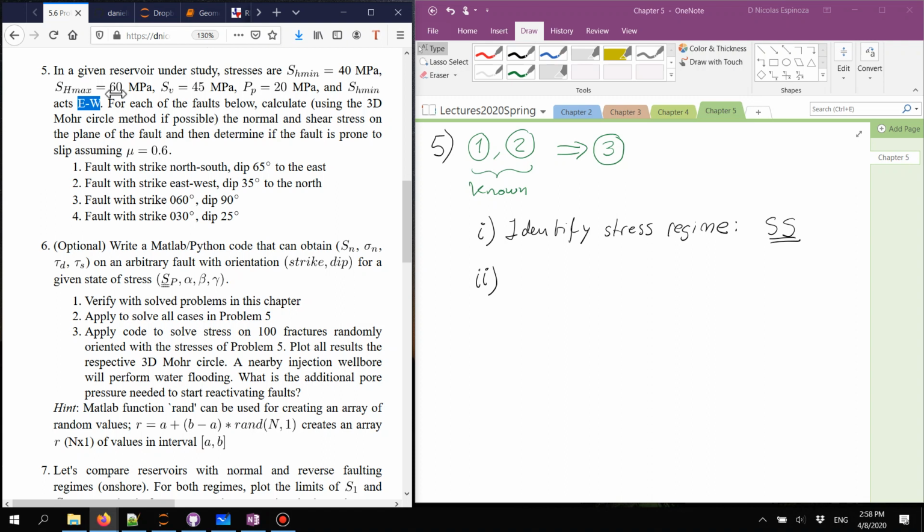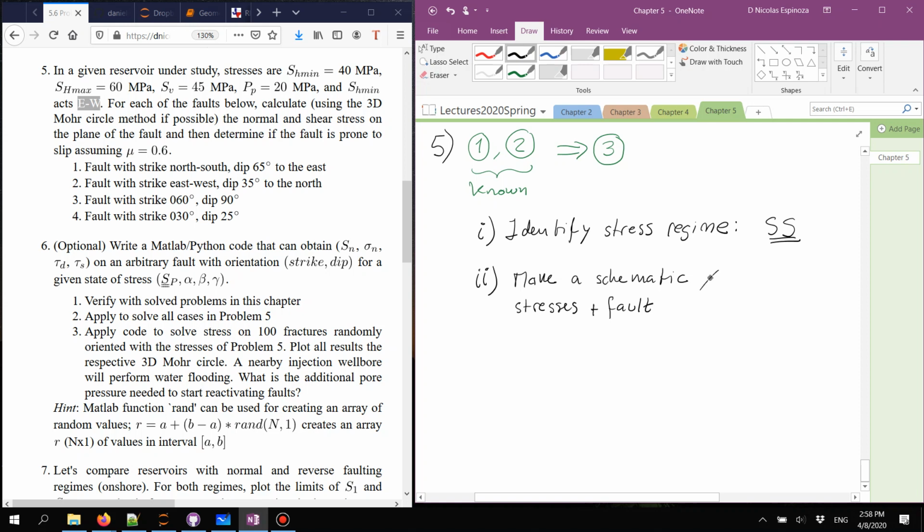So the second step is going to be to make a schematic of your particular setting that is going to involve the principal stresses and the fault.